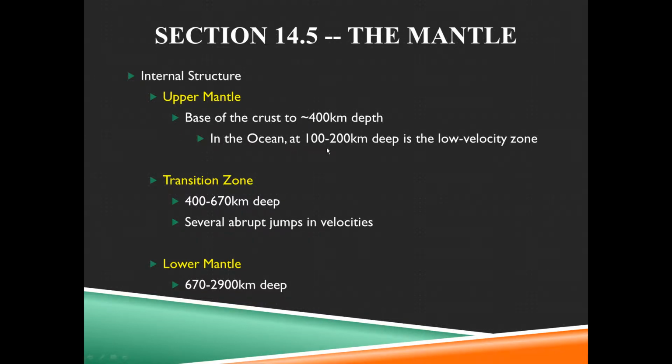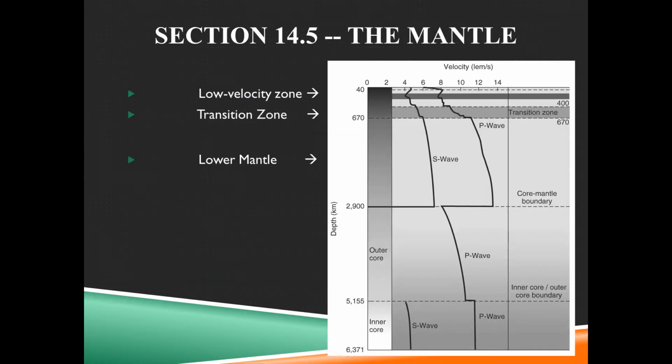In the ocean area, there is another low velocity zone at 100 to 200 kilometers. But that's different than the transition zone. So you can see that here, that low velocity zone that we see in the ocean is this dark band up here where the mouse is.